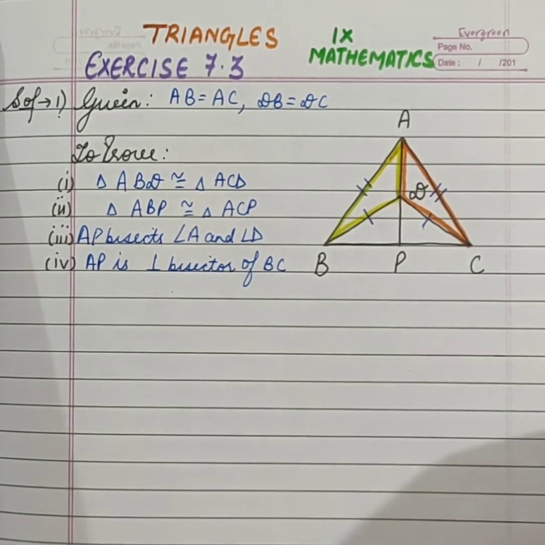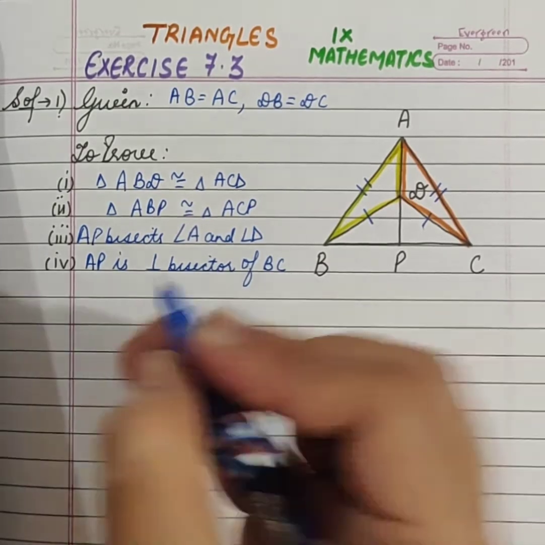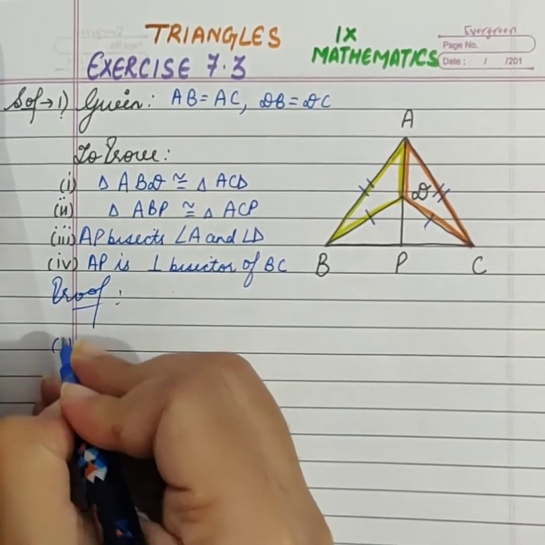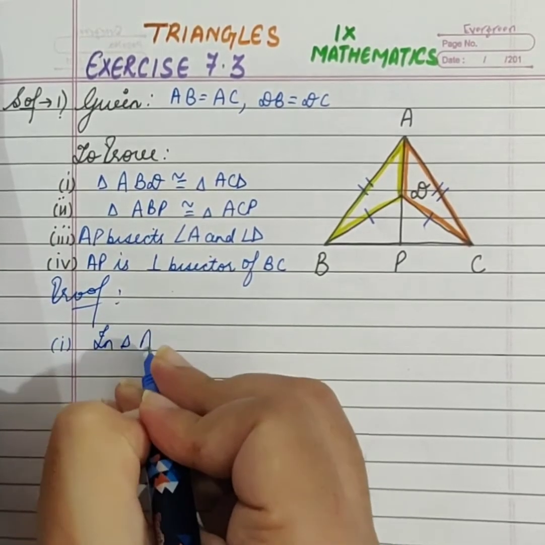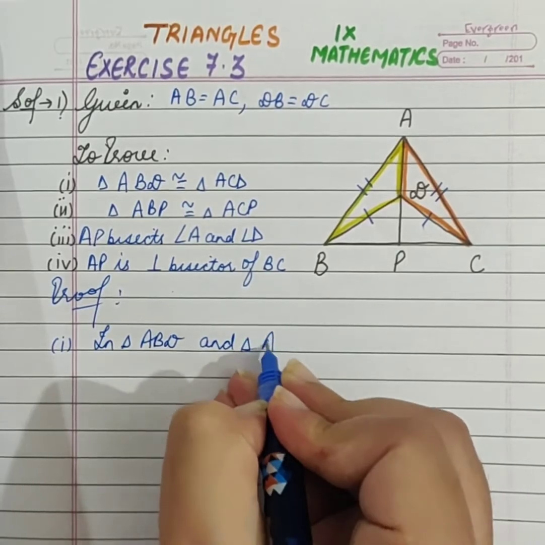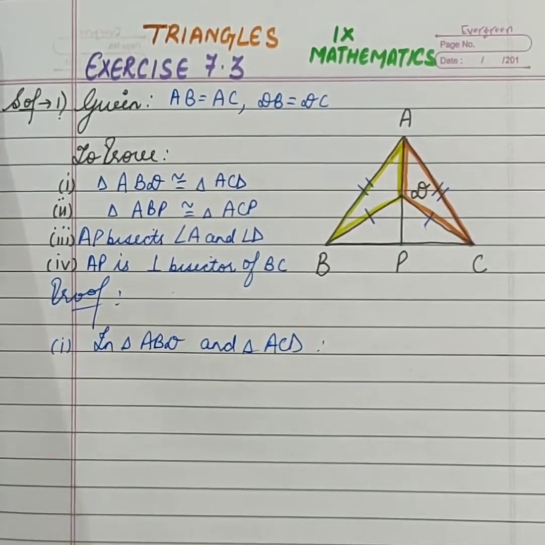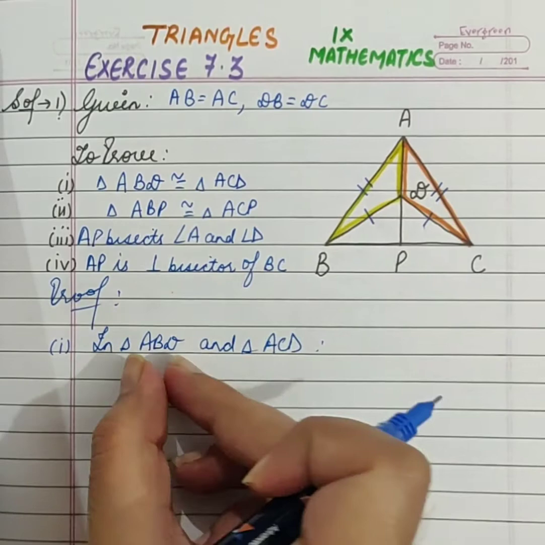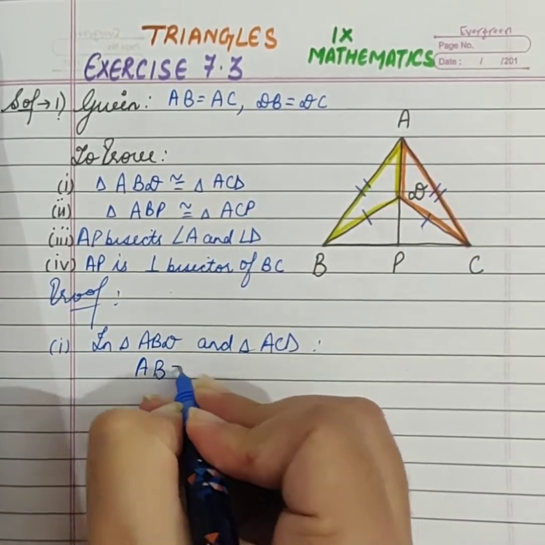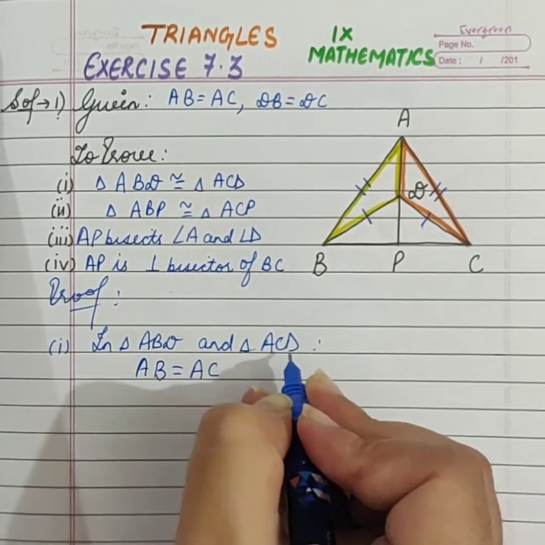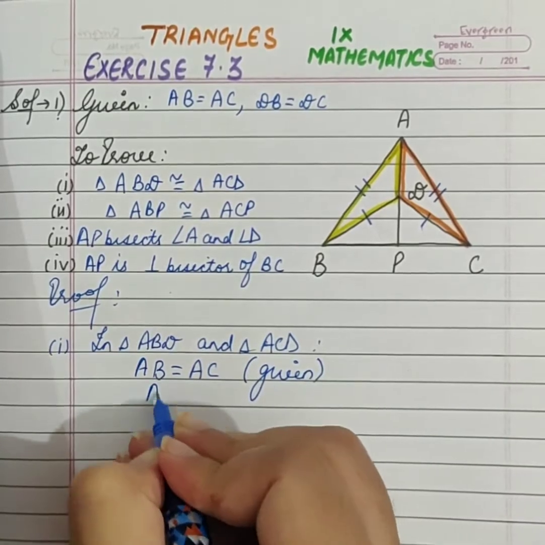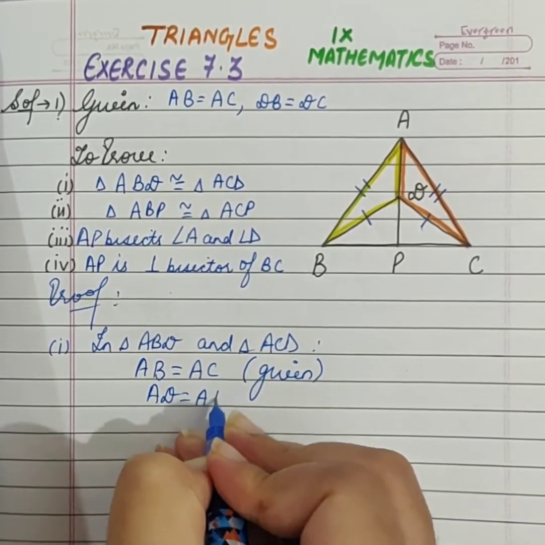Let's start writing its proof for the first part. In triangle ABD and triangle ACD, first we'll write conditions of yellow triangle, that is ABD. AB is equal to AC. Keep 1-to-1 correspondence in mind. It's given. AD is equal to AD.